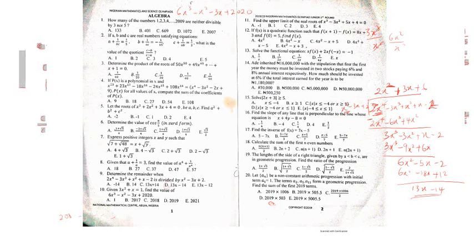So what I can do is that we just need to manipulate. I have something that will make it factorizable. What I'm trying to say is that I need to bring out 2x here.